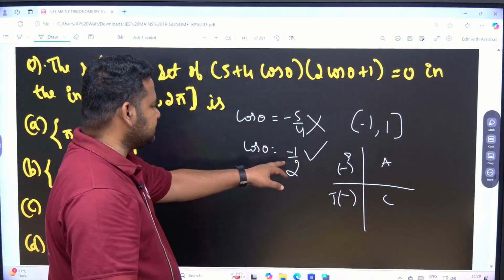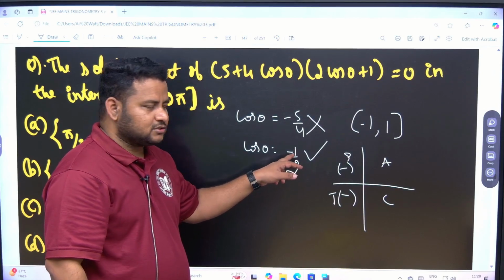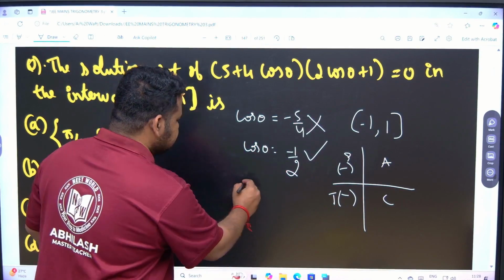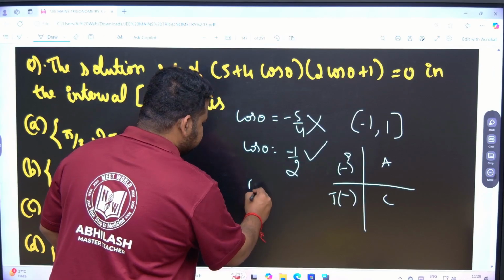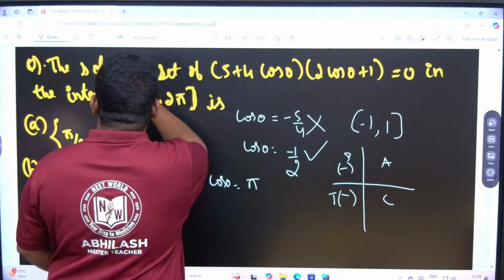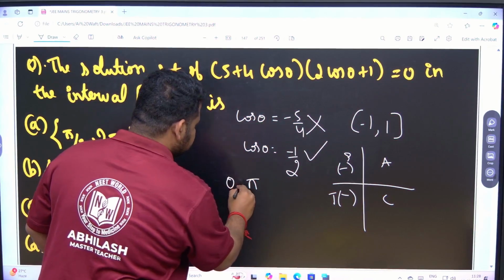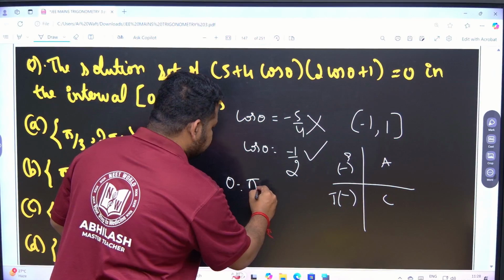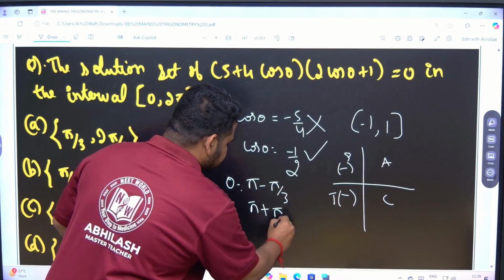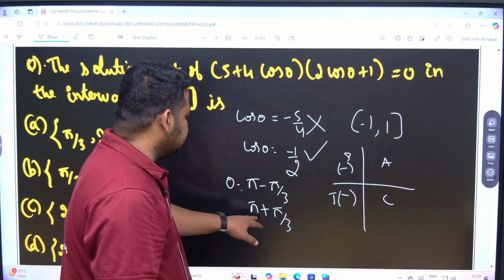Cos theta is equal to half when theta is pi by 3, but it is negative when theta is of two types: theta is pi minus pi by 3 and theta is pi plus pi by 3.